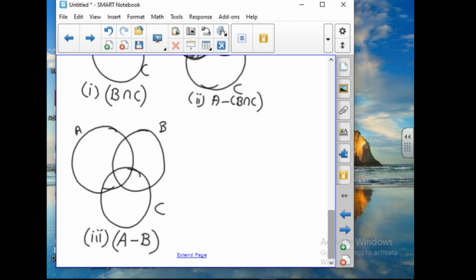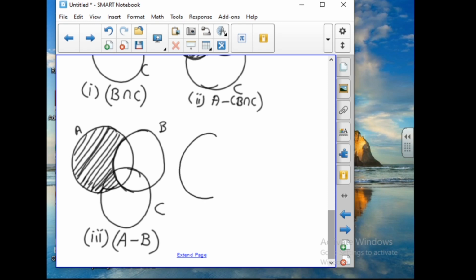C will come, no problem. Only the B circle should not be there. Very clear? A difference B means you can compare only A set and B set. C set is no problem. So only in A set you have to eliminate the B set part. So this is your A difference B.